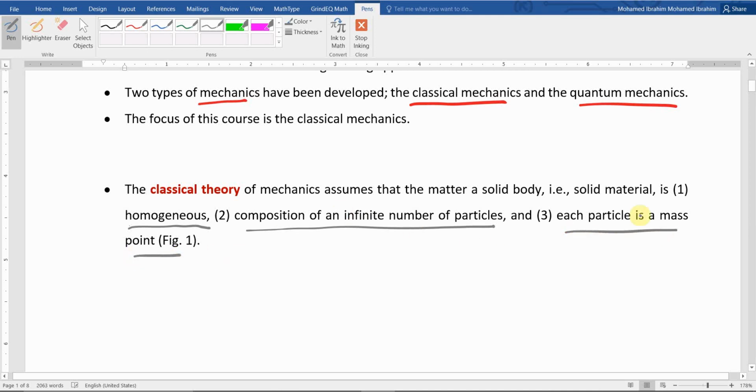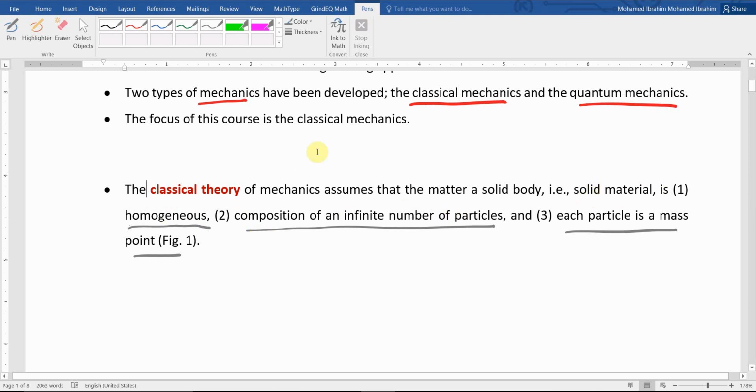So these are three main assumptions on which all the classical theories of mechanics that we use in engineering are based, the courses you studied at the undergraduate level, or even the courses you studied in mechanical engineering at the graduate level. All of them are built on the classical theory of mechanics, right?